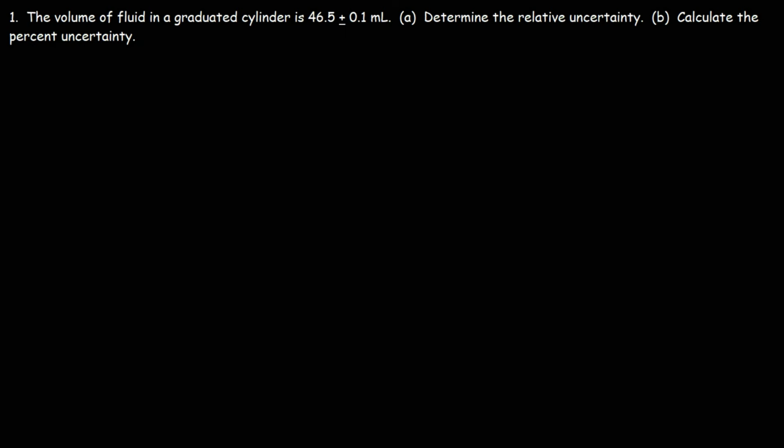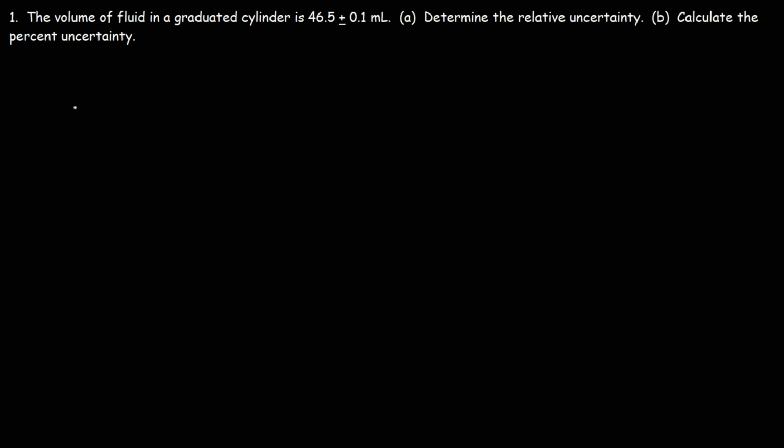Now let's work on some practice problems. The volume of fluid in a graduated cylinder is 46.5 plus or minus 0.1 milliliters. Determine the relative uncertainty. So in this problem, we're given the measured value and the estimated uncertainty, or the absolute uncertainty.